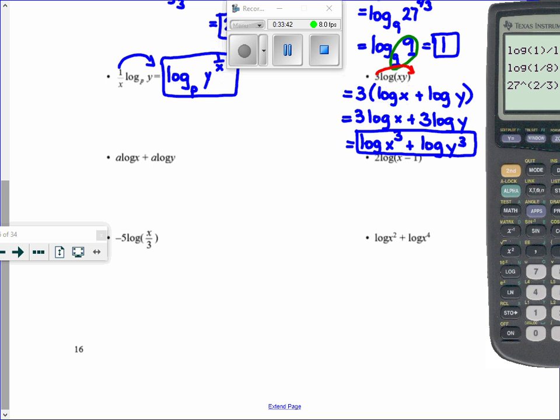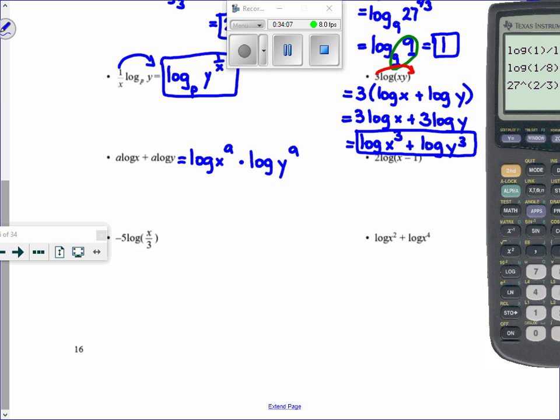Okay, a times log x plus a times log y. Okay, well, I'm just going to apply the power law, which says I would bring the a up. So that'd be log of x to the power of a plus log of y to the power of a.